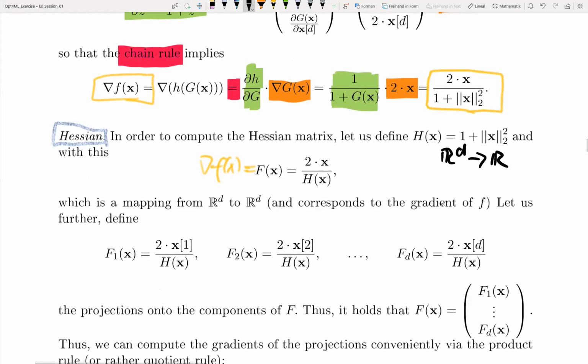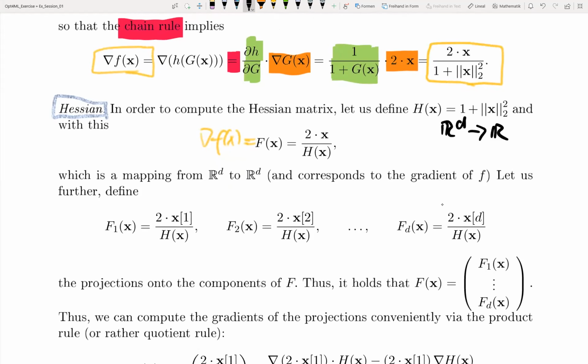And the gradient itself is a mapping from R^D to R^D. And now let's have a look at the components of this function f of x, so the gradient of the small f. And what is this? Well, what is vector valued and what is scalar valued? We can distinguish what is vector valued versus what is scalar valued.